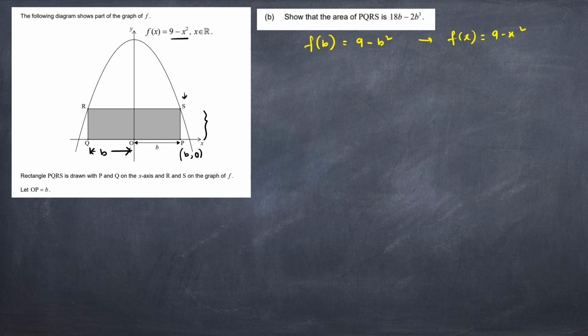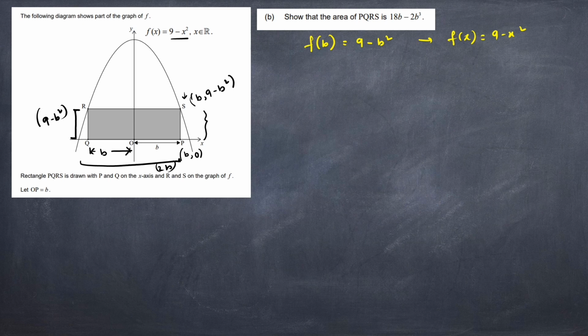So the coordinates of S are (b, 9 minus b squared). So this height is 9 minus b squared, and the complete length from Q to P is 2b.